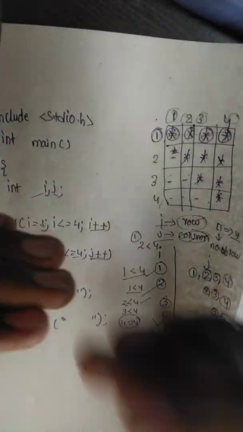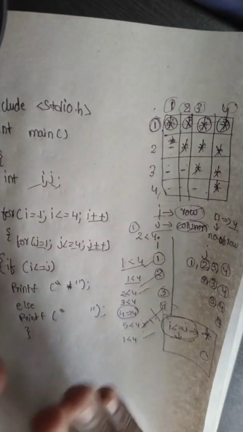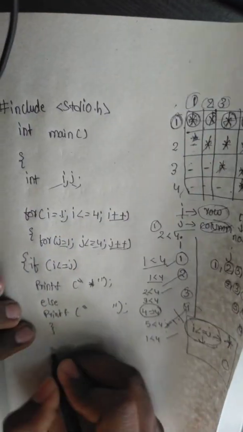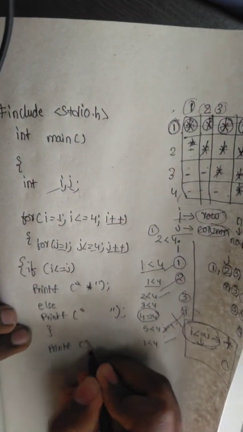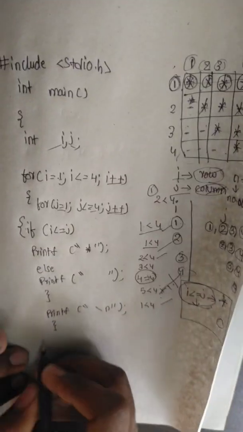Okay guys, I don't want to print all these stars on the same line. I want to print them line by line. So to shift to the next line, I am going to use printf \n. This closes the loop.